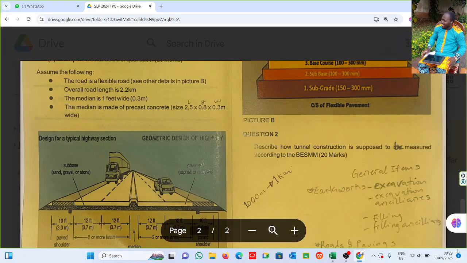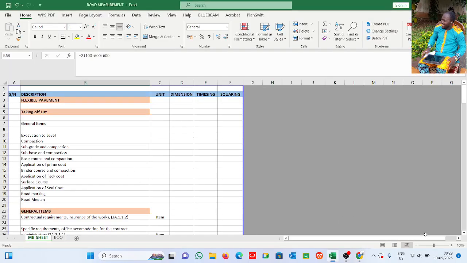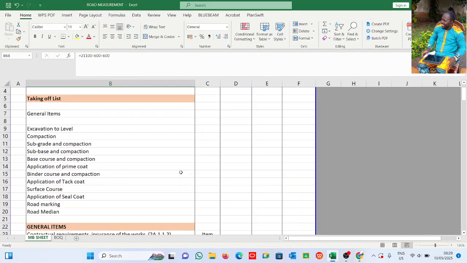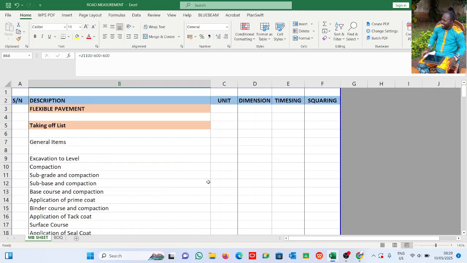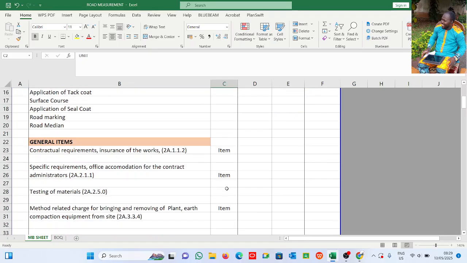Now let us see how the measurement takes place, having understood what the drawing is about. Let me make this bold. Now for the purpose of those writing exams, you're going to be given a measurement sheet, and a BOQ sheet where you can enter your quantities and price them, and then you have your takeoff sheet or measurement sheet. In your measurement sheet you have dimension, times, and square, then units.